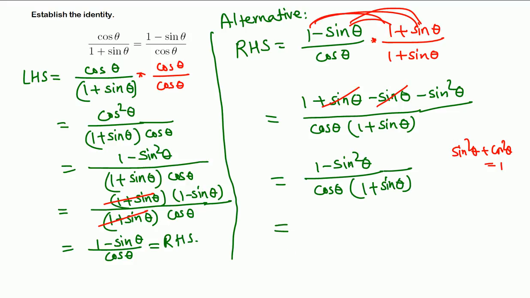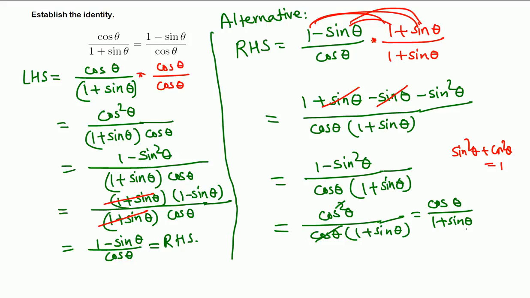So 1 minus sine squared is cosine squared theta over cosine theta times 1 plus sine theta. One copy of cosine and cosine cancel, that leaves cosine theta on the top, just one copy, over 1 plus sine theta. We don't have to put parentheses anymore because we don't have anything else, which is the left-hand side. Okay, final.